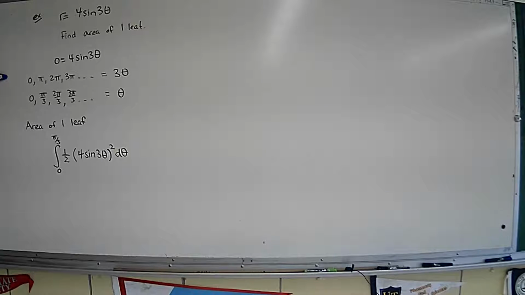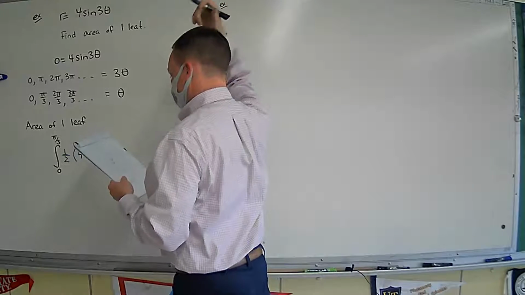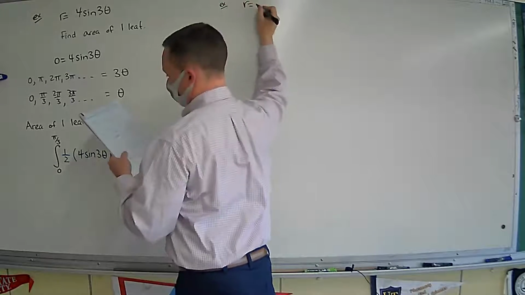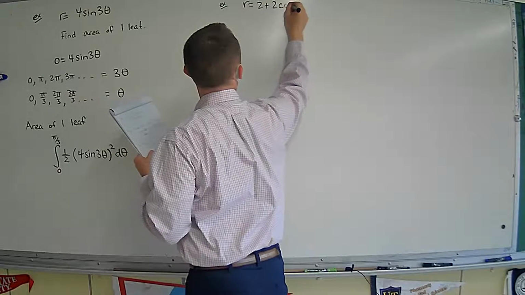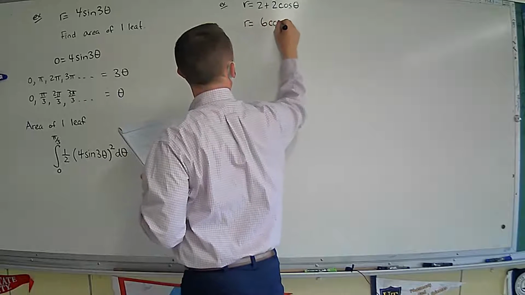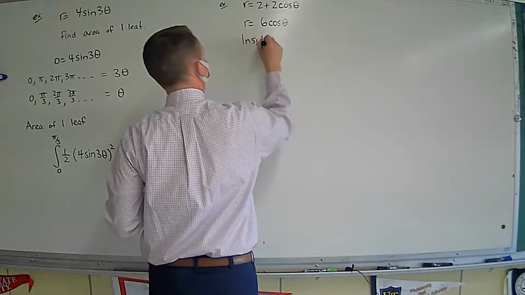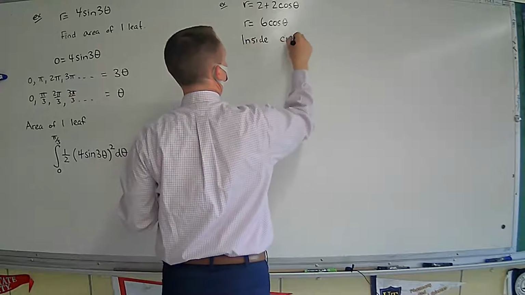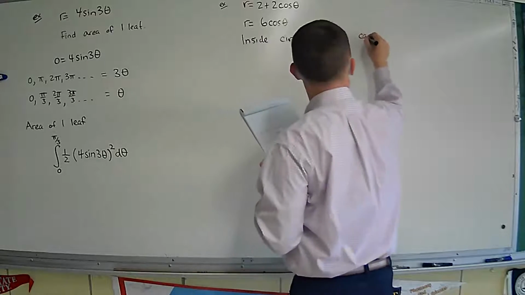All right, let's do another one. I'm going to give you two curves on this one. I want the area that's inside the circle but outside the cardioid.